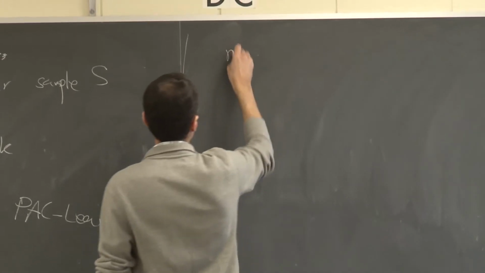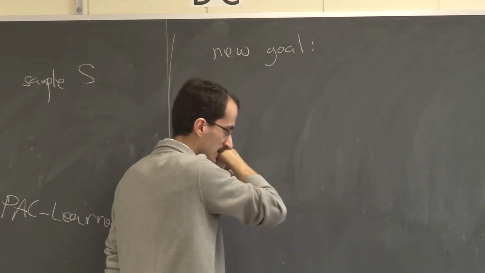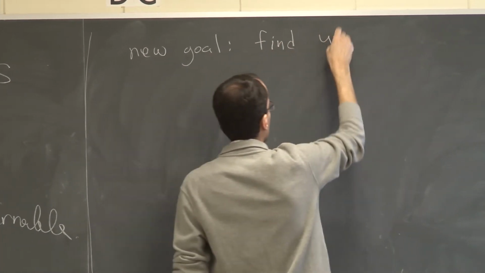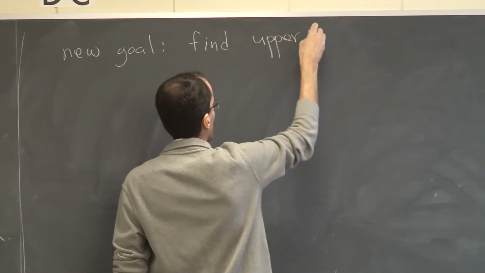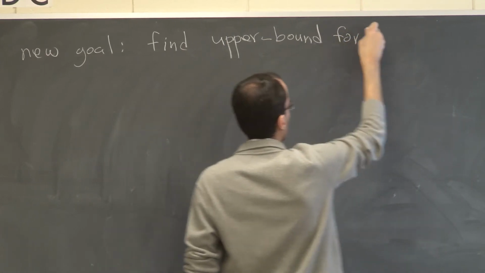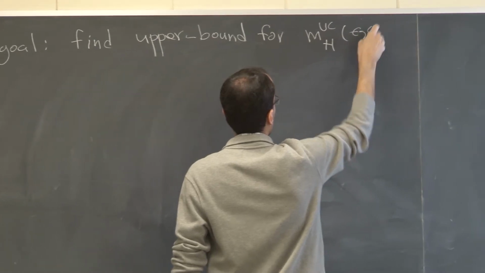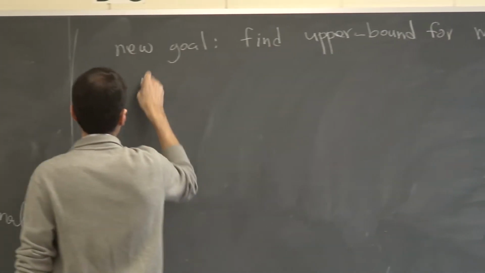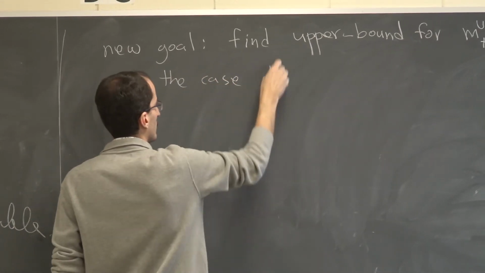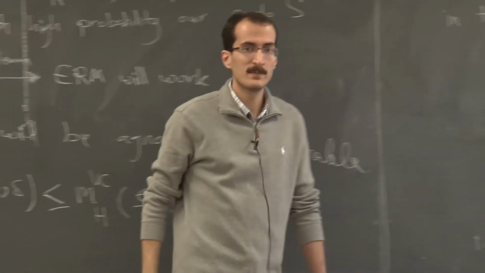So let's define the new goal. The new goal is to find an upper bound for the sample complexity of uniform convergence.